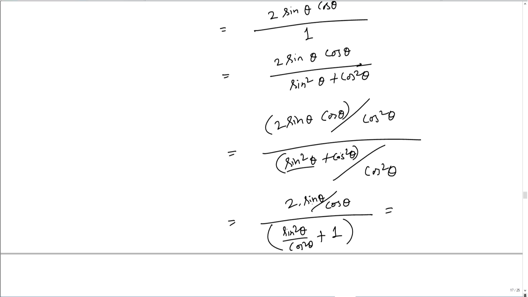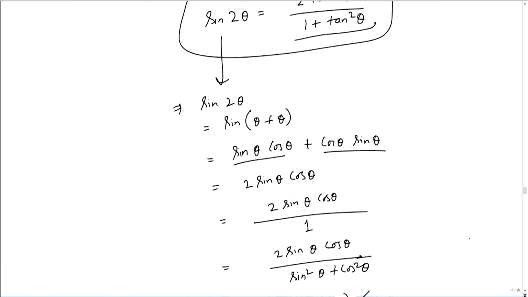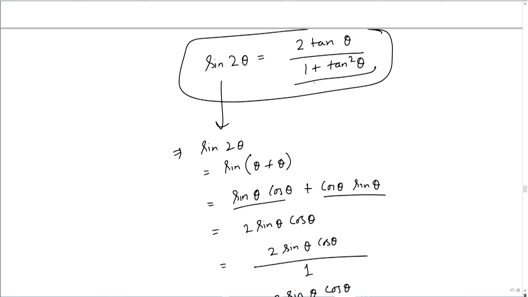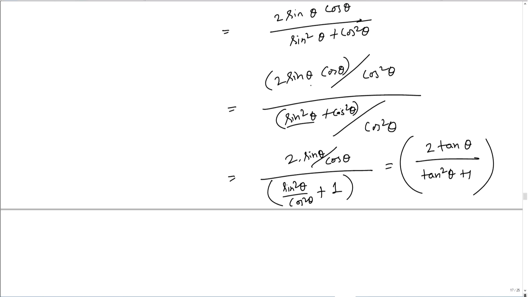So this gives us, because sin theta by cos theta is tan theta, 2 tan theta divided by tan square theta plus 1, hence proved. This is exactly what we wanted here, 2 tan theta divided by 1 plus tan square theta. Okay. So we have proved this identity.